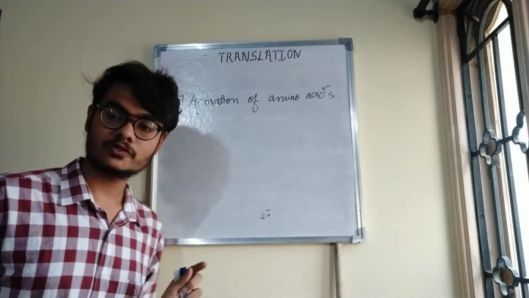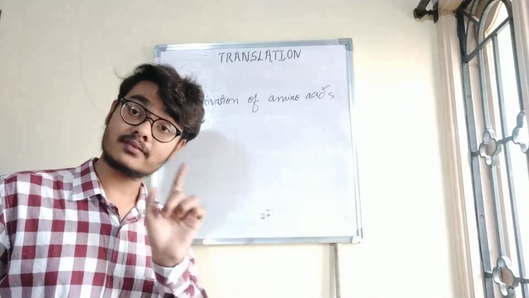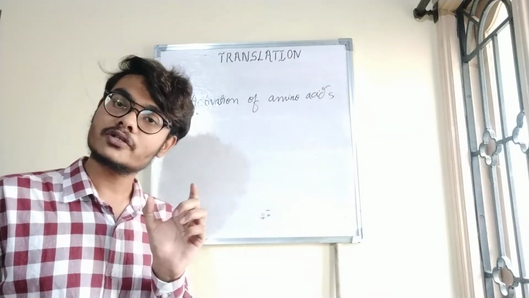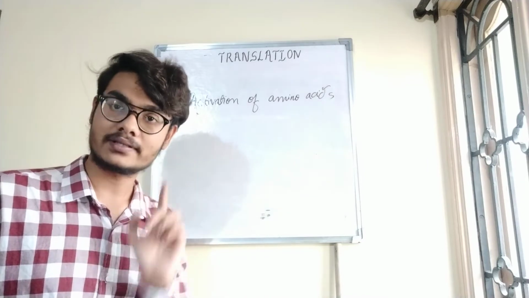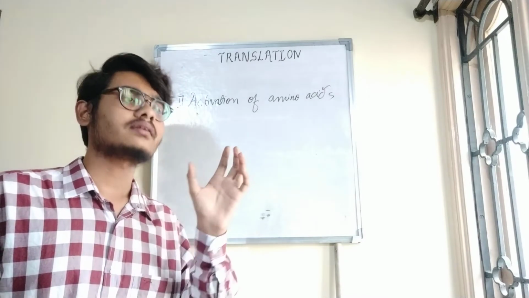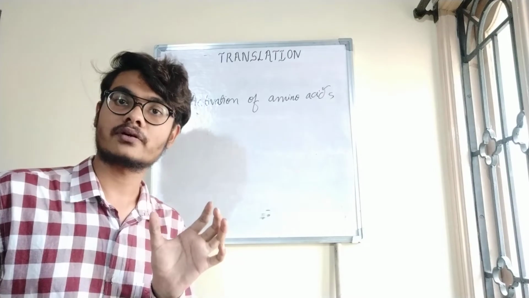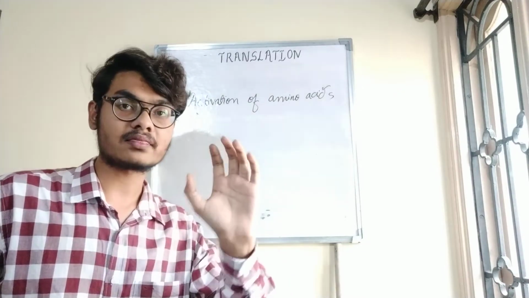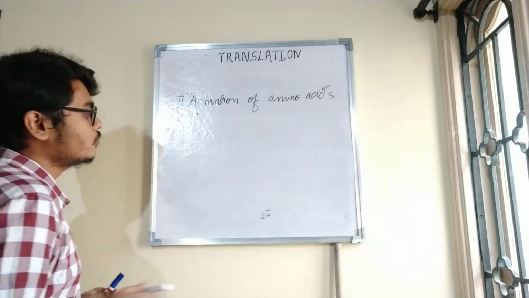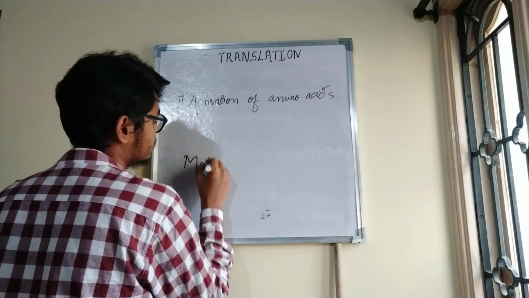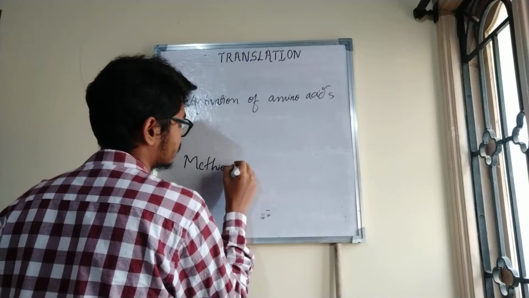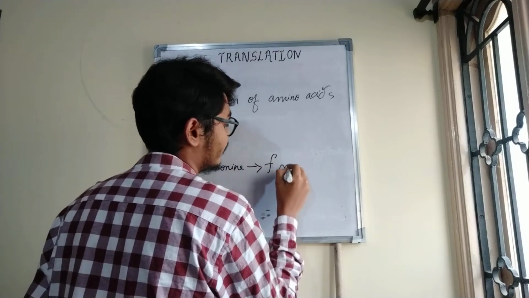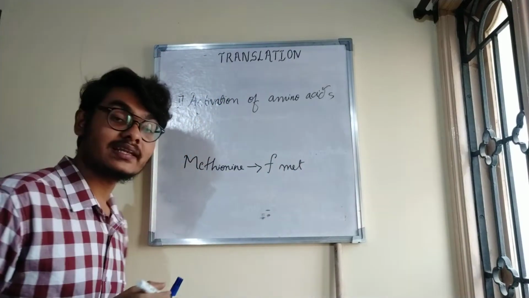Whenever we speak about protein synthesis, the first amino acid that comes into the picture is methionine. The start codon AUG codes for that amino acid. Like a particular sequence of bases codes for a specific amino acid. So when methionine gets activated, we call it FMet or formylated methionine.